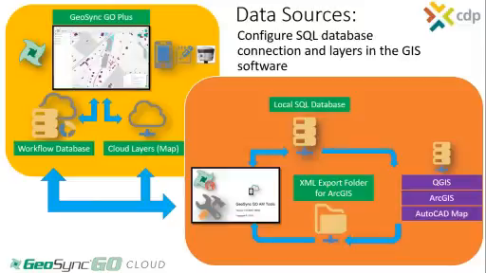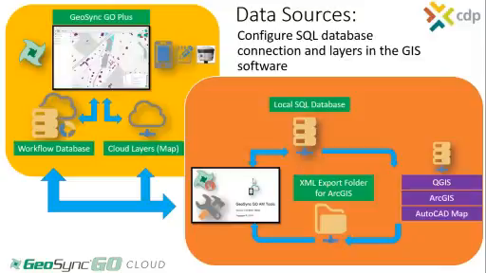This is another diagram basically showing the same idea, but how the data flows within that. In the orange, you have your different GIS software again that flows into GeoSync Go AM tools, which uses a local SQL database to store that data.